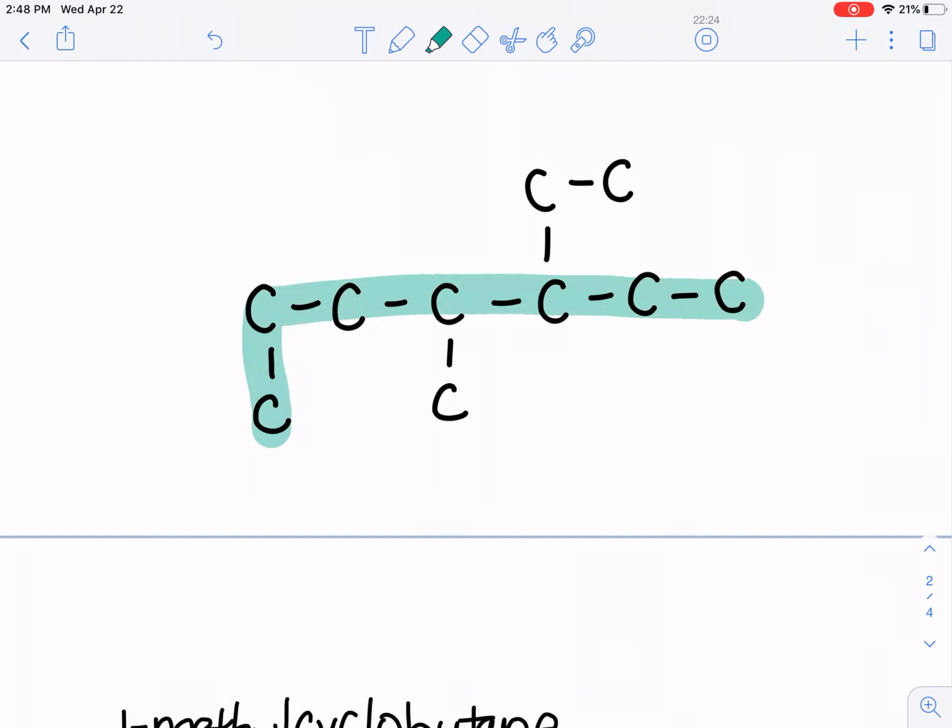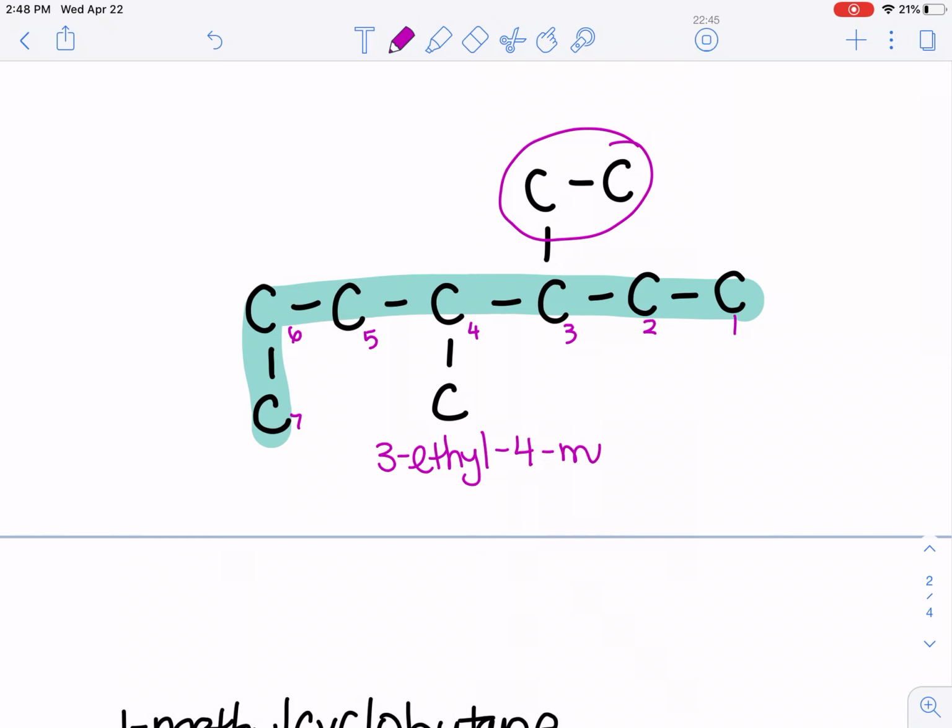Here is another one that has a crooked main chain. I believe we want to number in this direction. This is an ethyl. So 3-ethyl-4-methylheptane.